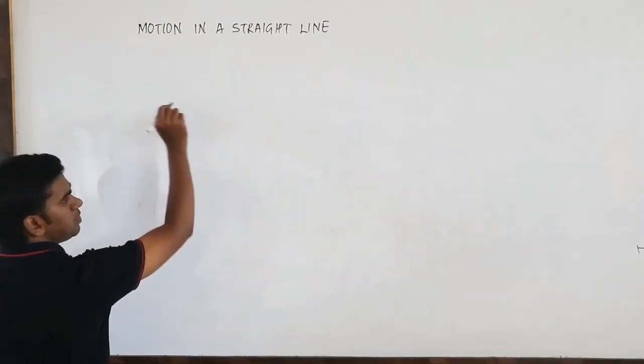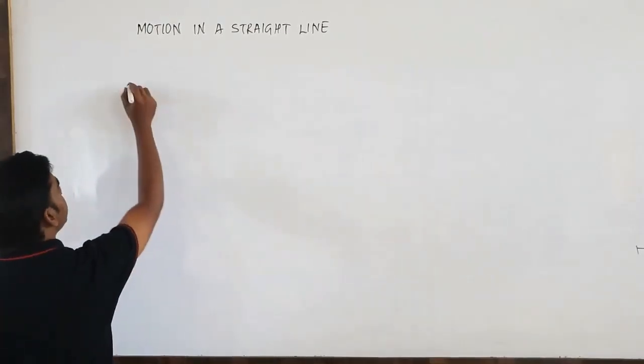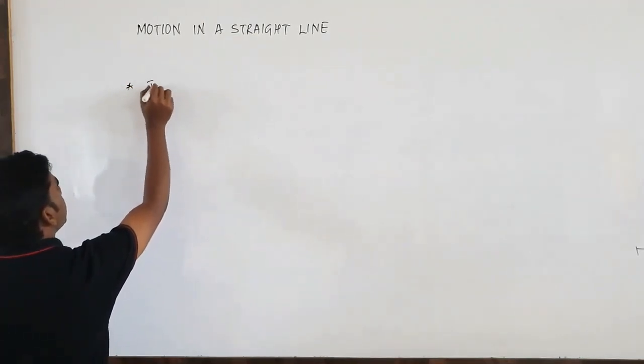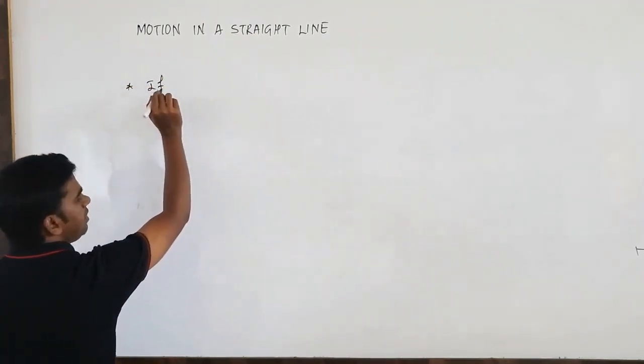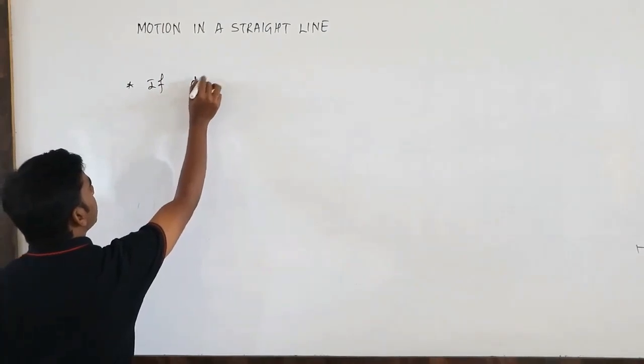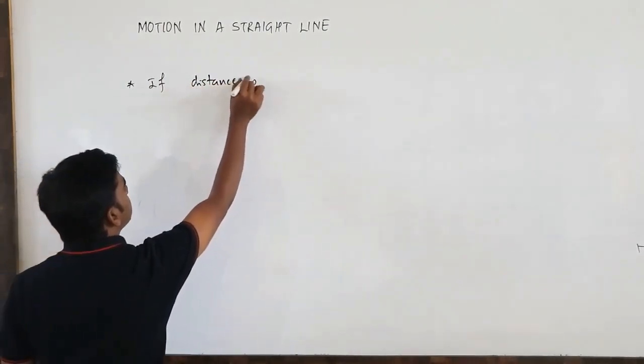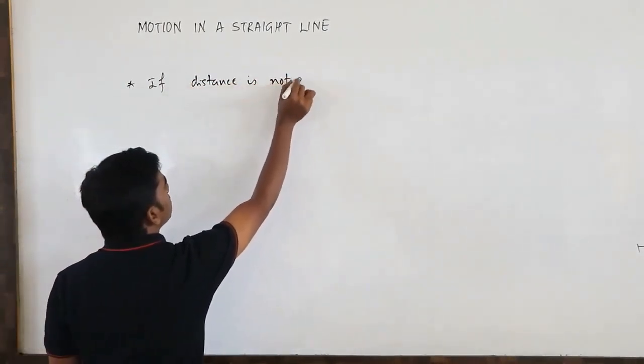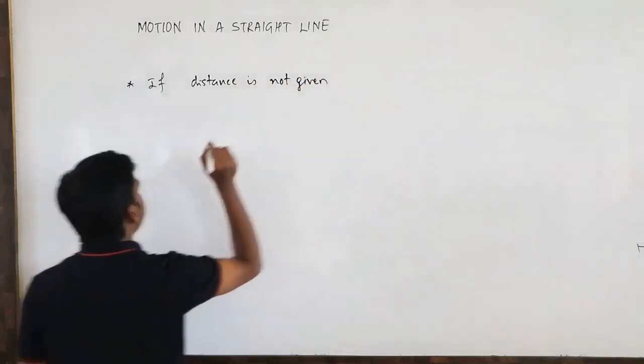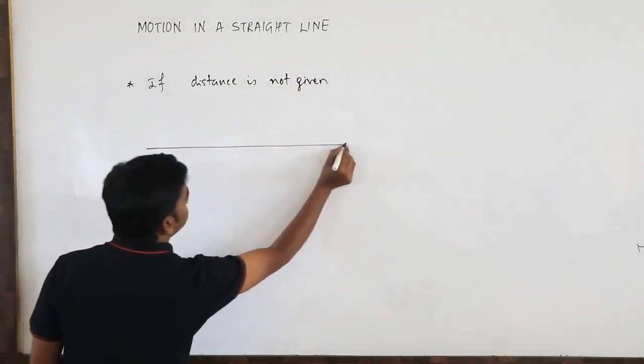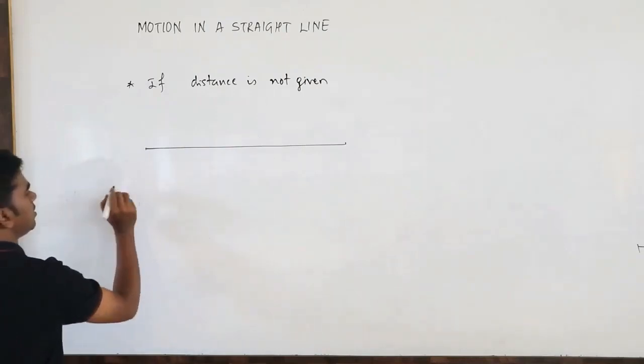Special cases. In case of average speed, suppose distance is not given, but you have some total distance.